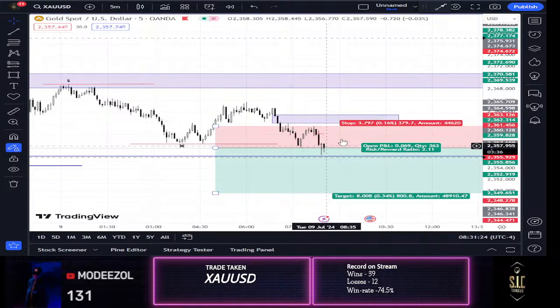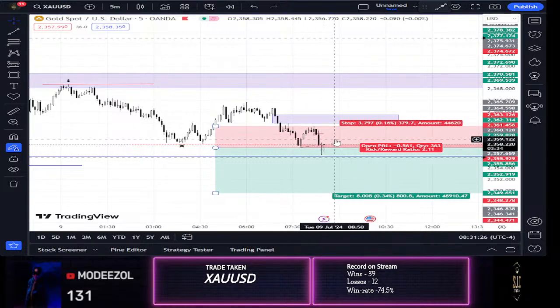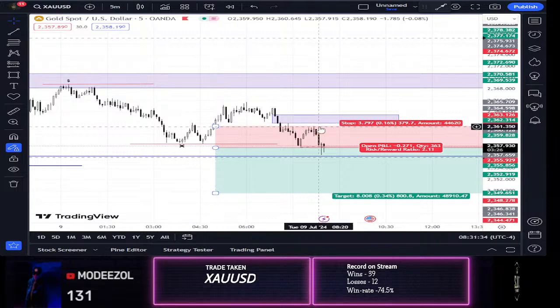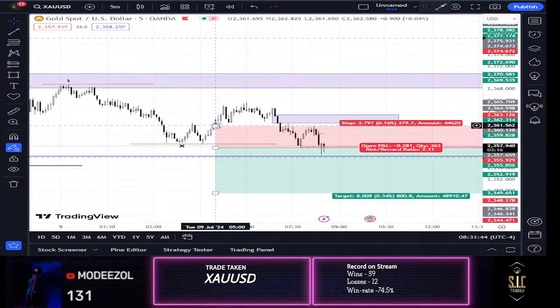I could go a little bigger on my trade, or I can take a little lot and just let that lot run. If it goes 37, I can always re-enter because I'm still under 100 pips. So there's so many ways that psychology is going to mess with you, and you just got to keep it in check while you're trading, guys.